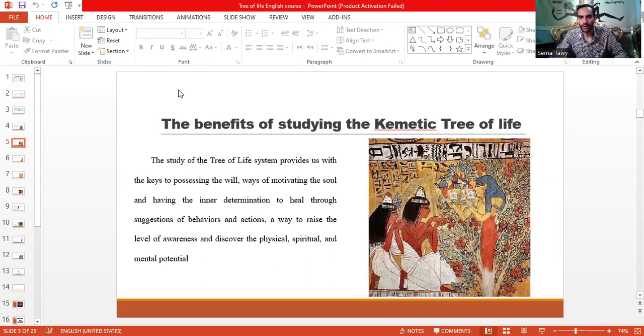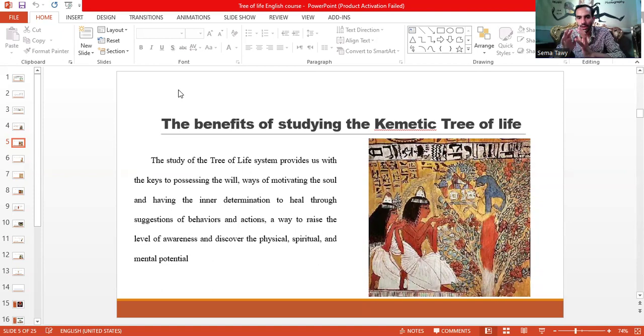Your soul needs some things. Your spirit needs some things. And between your soul and your spirit, in the ancient Egyptian concept, Ka and Ba, and we will learn about that in the next lectures. Between your Ka and Ba, your spirit and your soul, and different needs, a lot of challenge and a lot of struggling in your life.